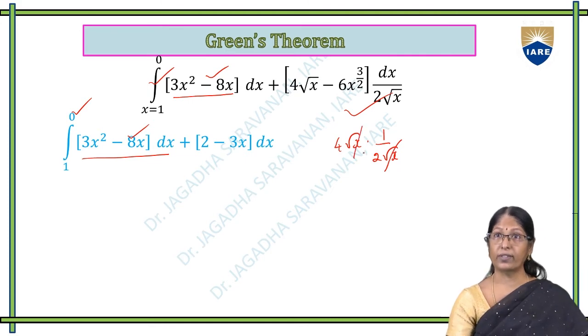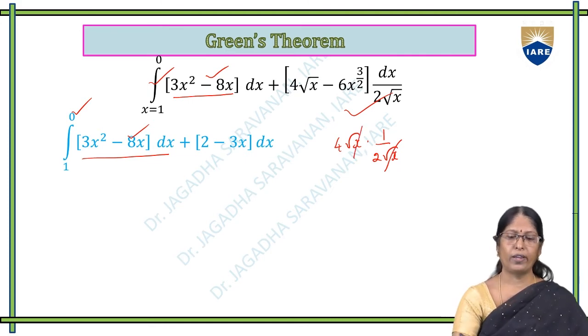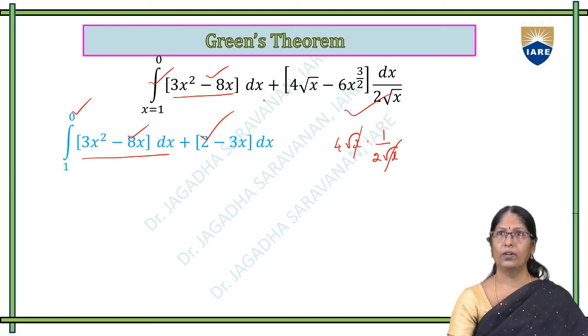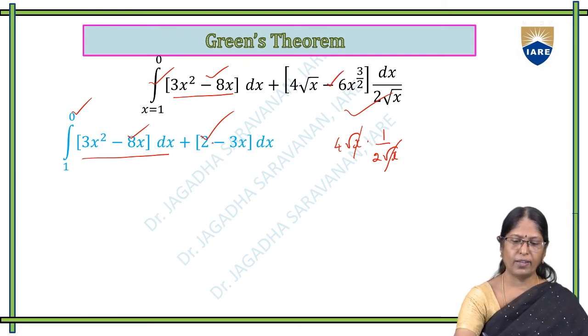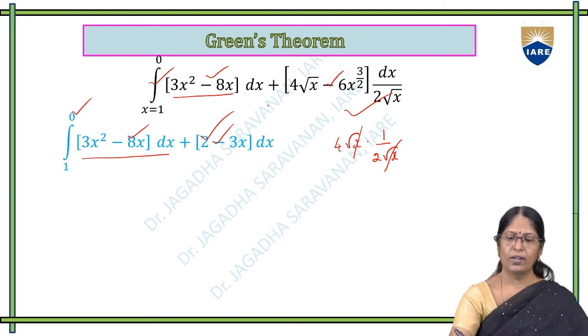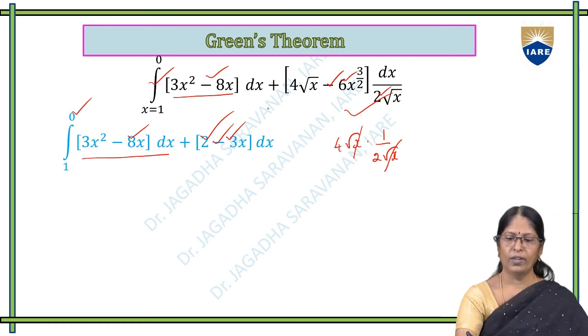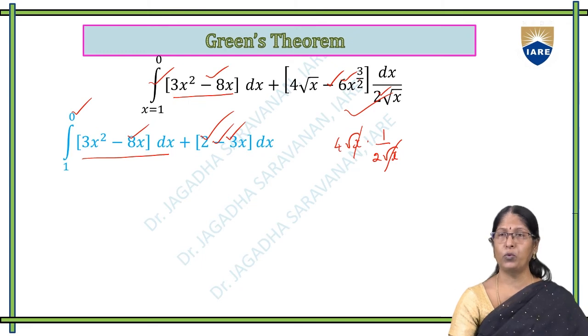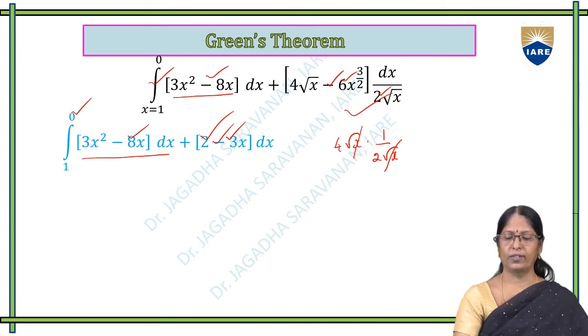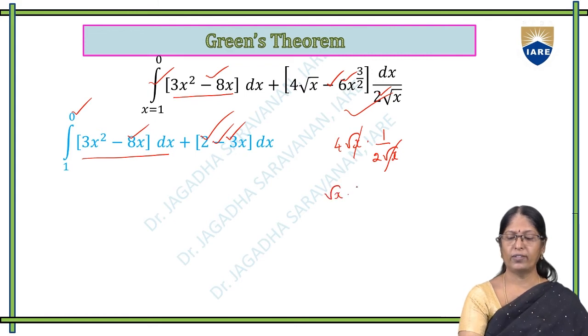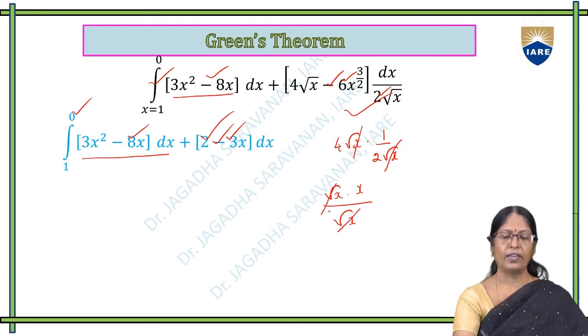Root x cancelled. 4 by 2 is 2. This minus sign is as it is. 6 by 2 is 3. Here x power 3 by 2 is there, it's nothing but root x into x divided by root x. Both get cancelled. x we obtained.